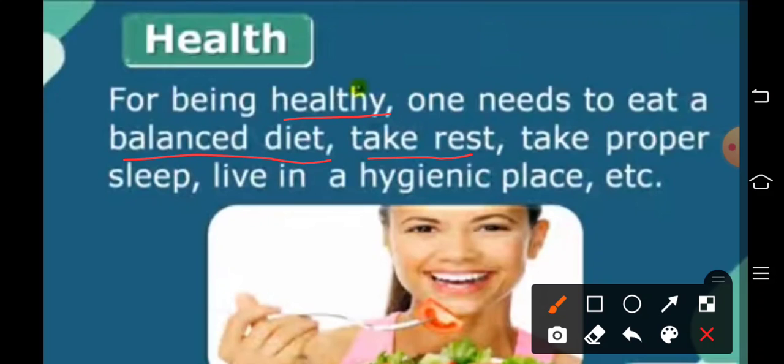Rest is also a good factor of your health. Take proper sleep, 6 to 7 hours, or we can say 6 to 8 hours per day. Live in a hygienic place. Hygiene means cleanliness is very important. So if you want to be healthy, you have to take a balanced diet, rest, proper sleep, and live in a hygienic place.